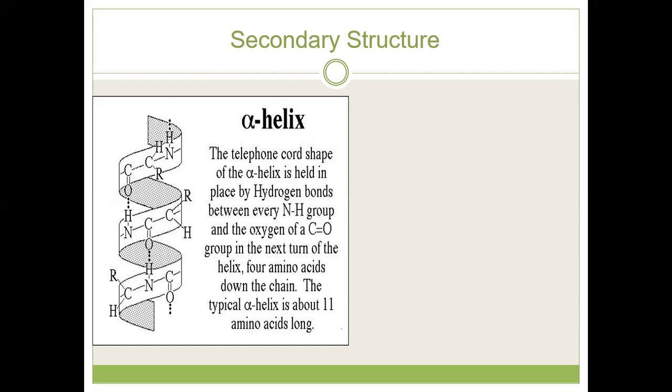That one also, its carbonyl group, and then the nitrogen of the amino group of the next, which is supposed to be, we say fourth, the next one will be 8, like this, the next one will be 12, the next one will be 16, like this, like this, and they will be forming a hydrogen bond.